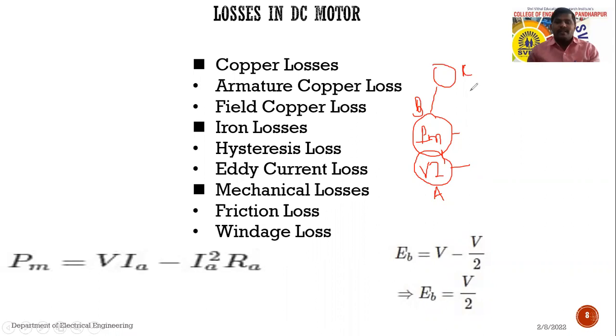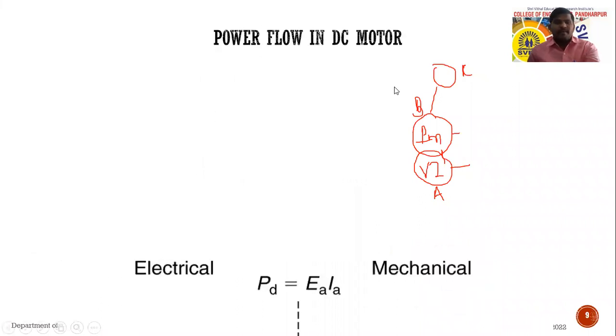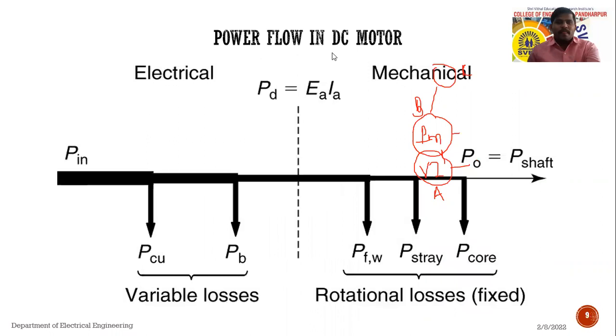And do you know the EB equation, terminal voltage V minus V divided by 2, equals V by 2, which is nothing but EB, or we can call it the back EMF. These are the power flow in case of DC motor, or this is the power flow diagram.